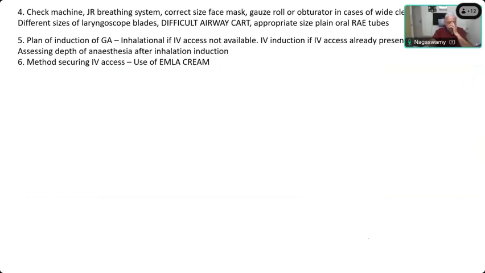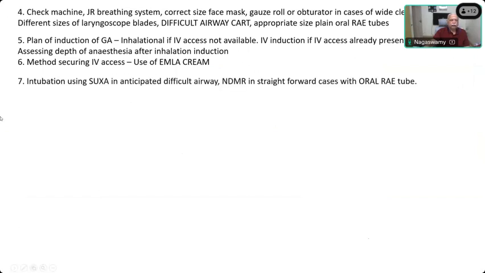It should be applied half an hour to 45 minutes prior to cannulation with an occlusive dressing. You must have an occlusive dressing. Okay, a transparent IV dressing should be applied there so that it is in good contact with the skin, and wait for 45 minutes to 1 hour to get adequate analgesia before you cannulate the limb.